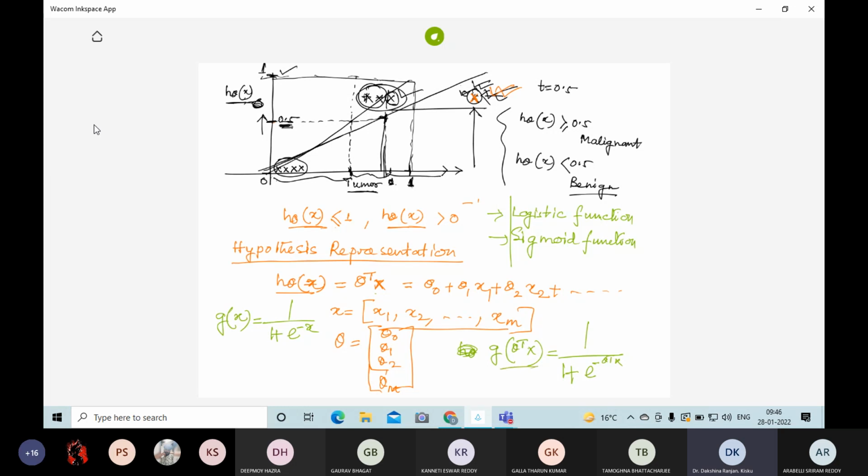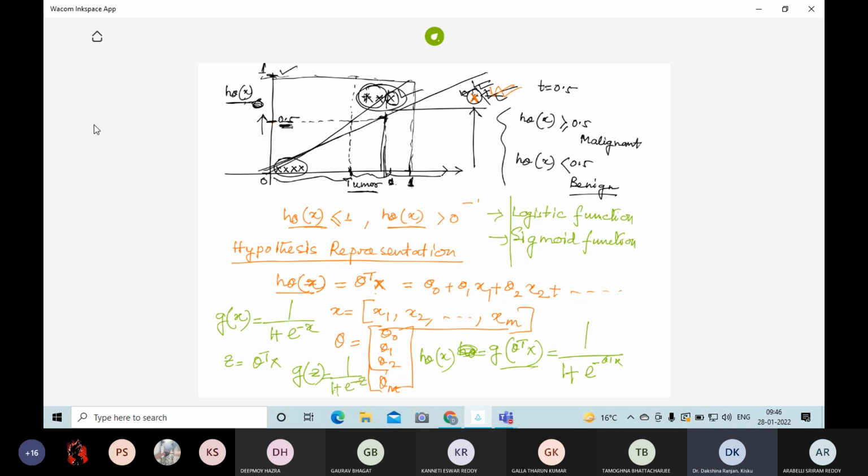This will give us the predicted value, which is equivalent to h theta x. Or, if we consider z equals theta transpose x, then in place of g of theta transpose x we can write g of z, which gives 1 divided by 1 plus e to the power minus z.